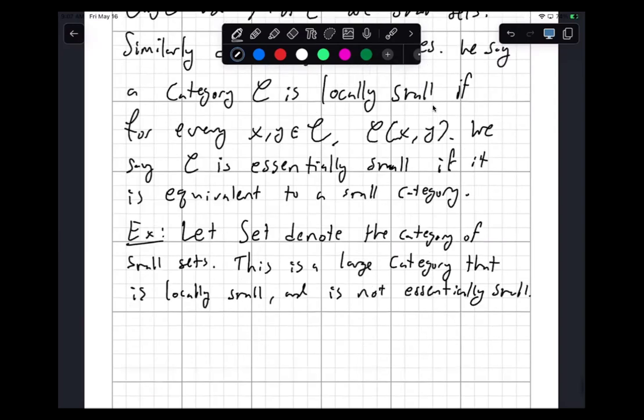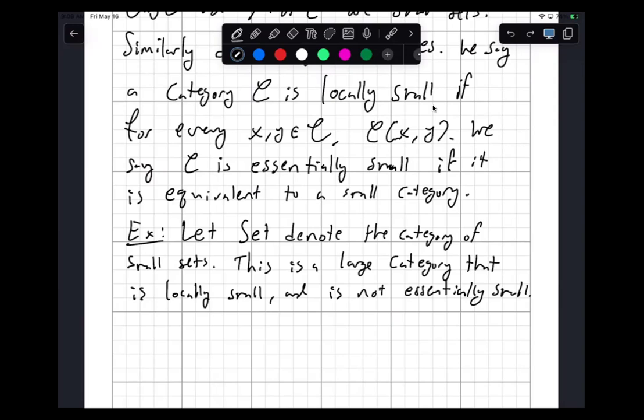Is it obvious that it's not essentially small? If it was essentially small, it'd be equivalent to a small category. Maybe it's not obvious.